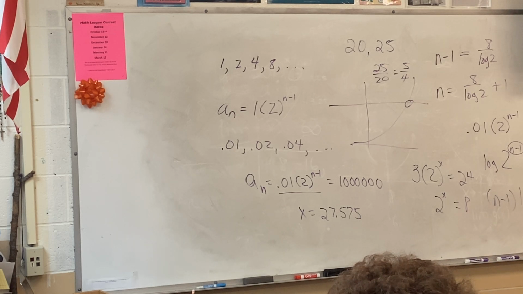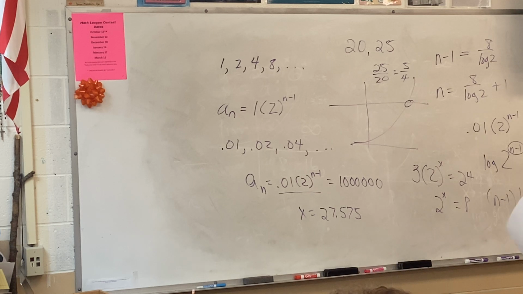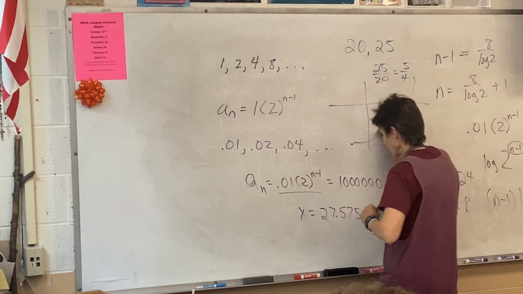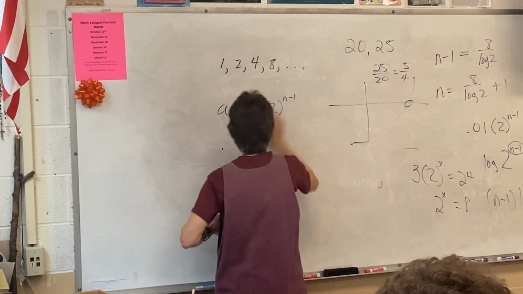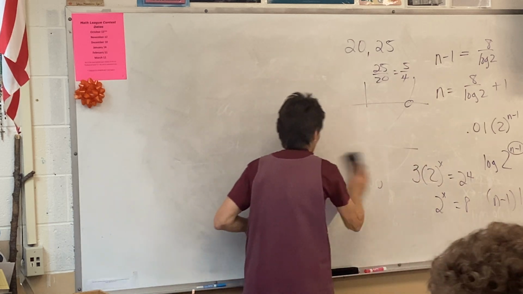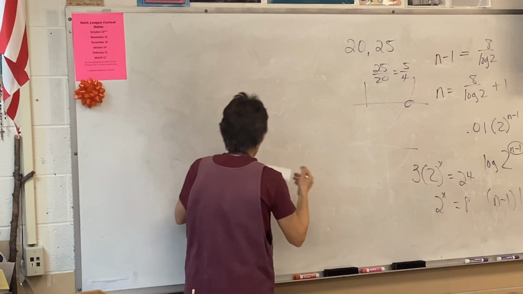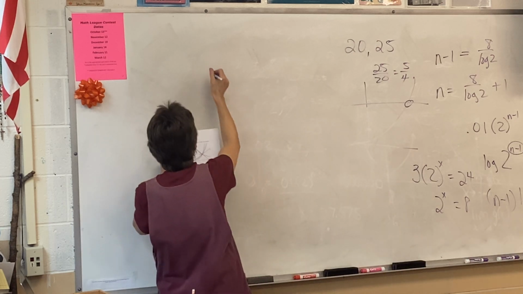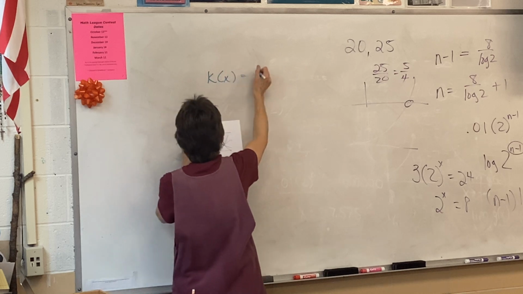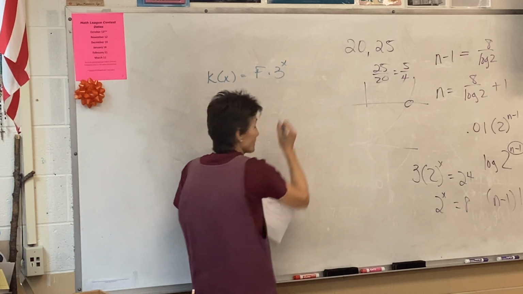Find K of 15 over K of 13. Okay, now wait a minute. What is K? K is F times 3 to the x.